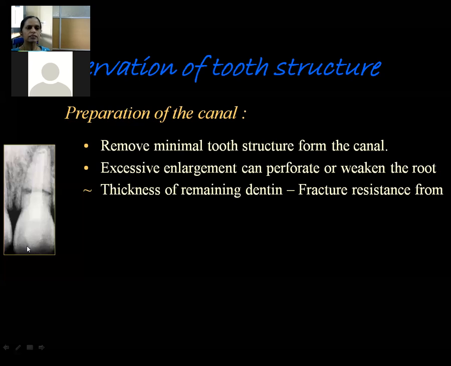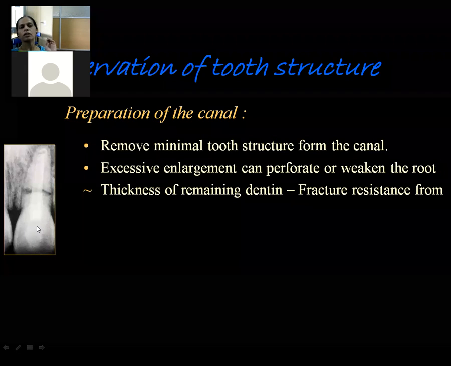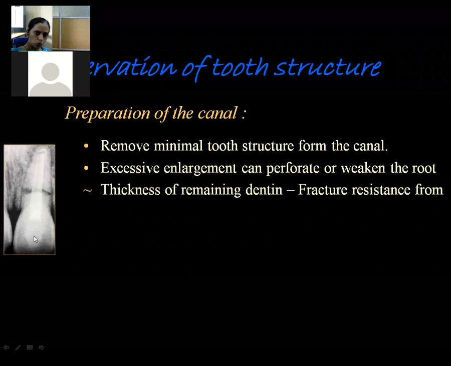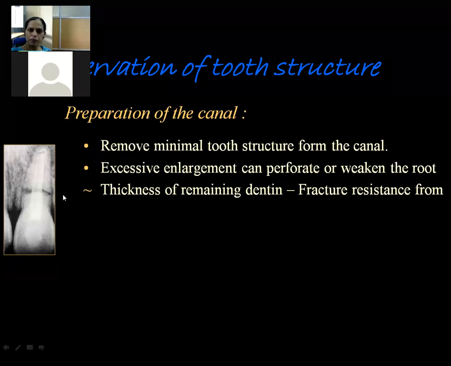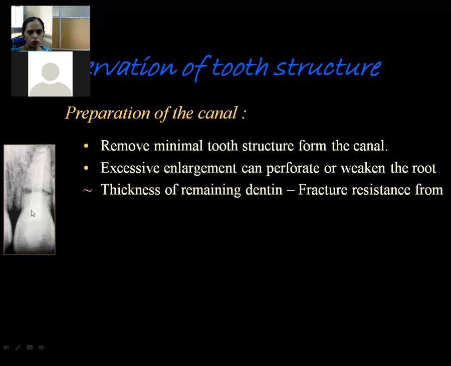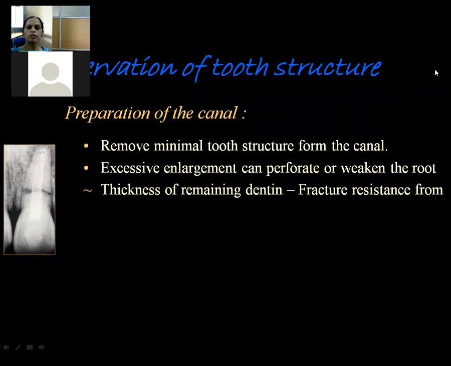I told you that you have to remove the GP from the coronal 2/3 of the root. Then you have to prepare the canal with the help of a peeso reamer or some bur which is specified for that post. So while preparing the coronal 2/3 of the canal, the principle is you have to conserve the tooth structure. So remove minimal tooth structure from the canal.